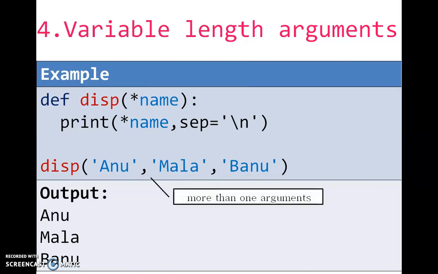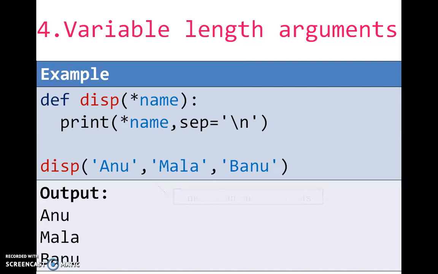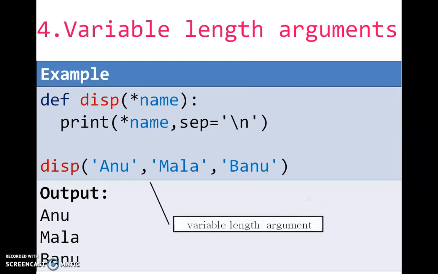That is the meaning of variable length arguments. So there are many arguments but there is only one parameter.